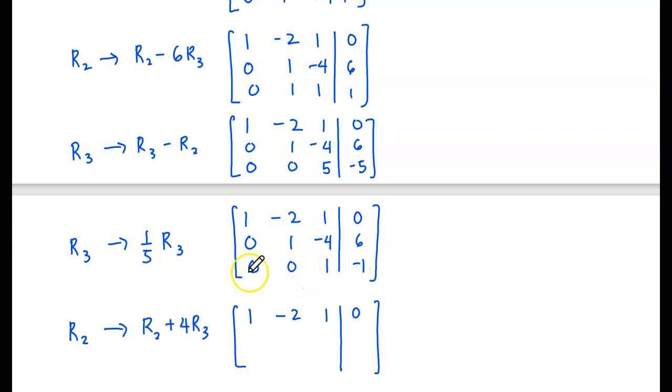So even if I multiply the 0 by 4, that would still be 0. And then if I add it here, it remains the same. So you have 0, 1. Now, but here, if I multiply this by 4 and add it here, I obtain 0. Multiply 4 to negative 1 and then add it to 6, I obtain 2. Then you copy the third row, 0, 0, 1, negative 1.